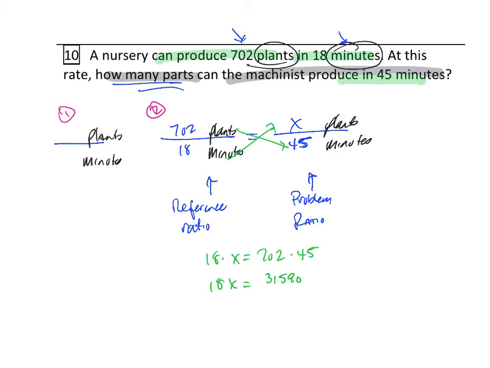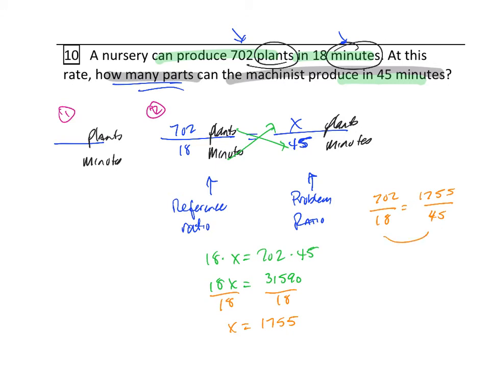Then we'll divide both sides by 18. We get that X equals 1,755. So we'd have that 702 over 18 would equal 1755 over 45.